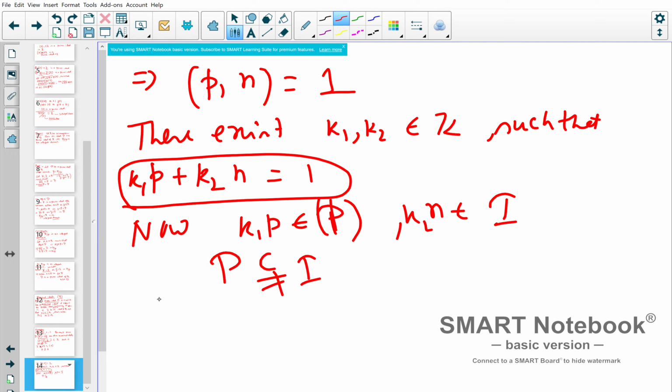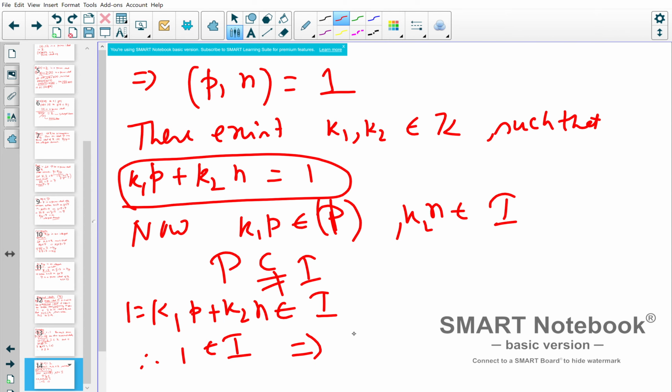So what does that mean? That means k1p plus k2n is an element of I, right? But this is 1, so 1 belongs to I, right? Now 1 is a unit, and we proved that in the last class. The moment a unit is inside the ideal, that means it is the full ring, right?